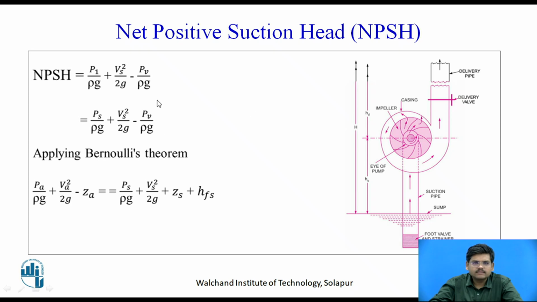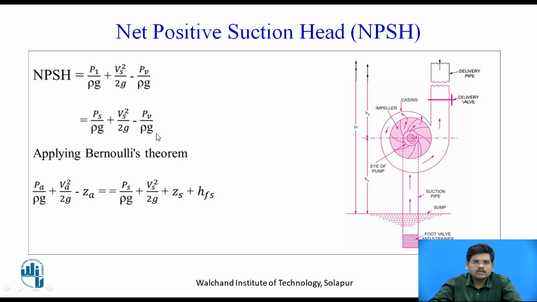now NPSH, we know that P1 upon rho g plus Vs square upon 2g minus Pv upon rho g. This can be reshuffled and written as Ps upon rho g, that is pressure at section at this area, then Vs square upon 2g, this is velocity, and minus Pv upon rho g, this is potential.